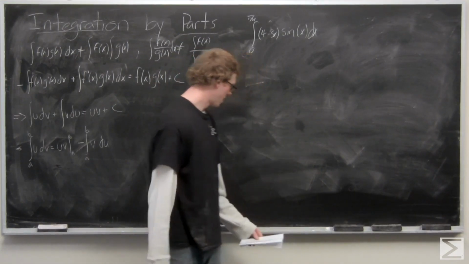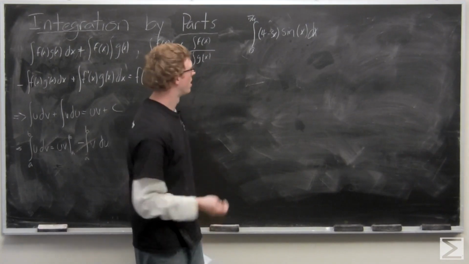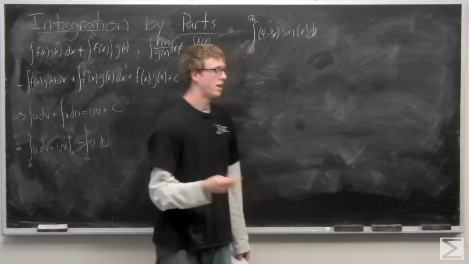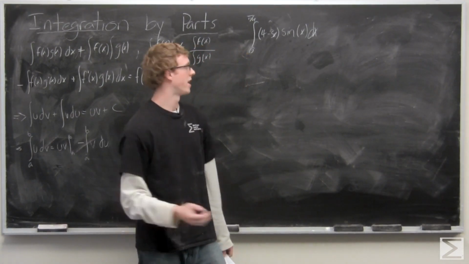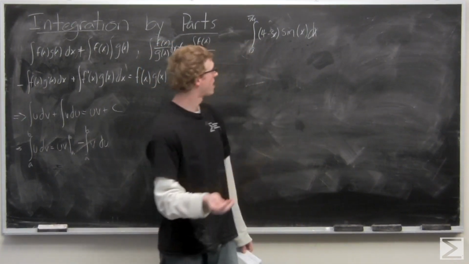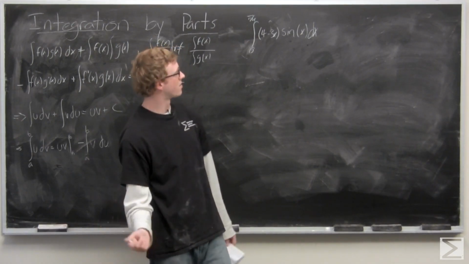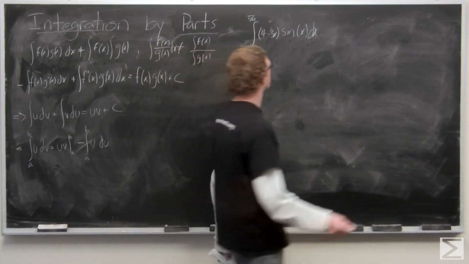Now it would make sense that sine of x dx is easy to take the antiderivative of. It's just going to be negative cosine of x, because the derivative of cosine of x is negative sine of x, and negative cosine of x is negative times negative sine of x, which is just sine of x.